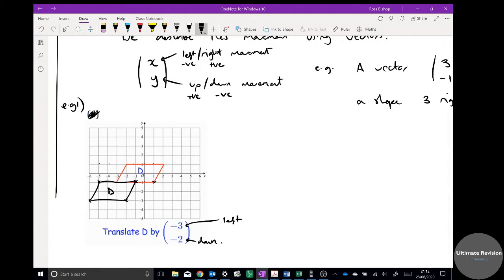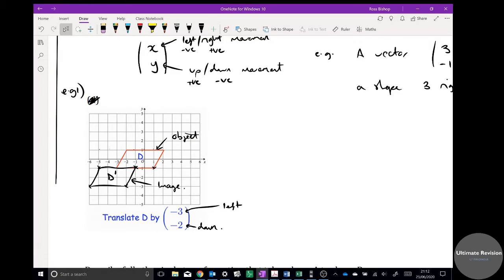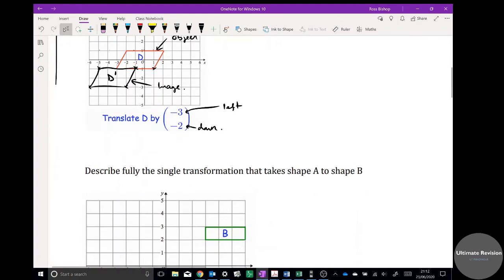We usually label it the same letter but with a dash to show that's the image. This is called the object, that's the original. That is called the image, that's where it's moved to, and it should be exactly the same, just in a different position.